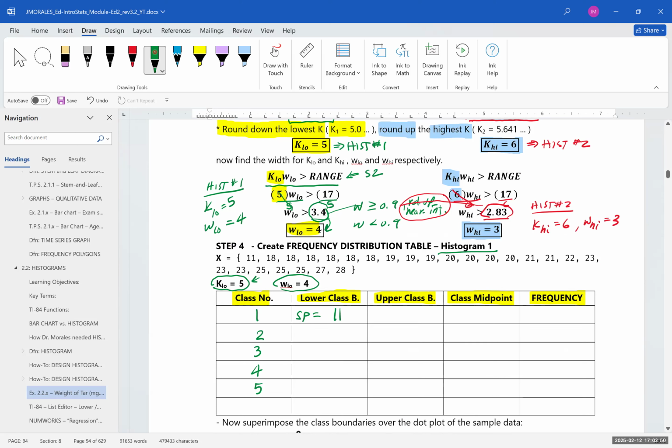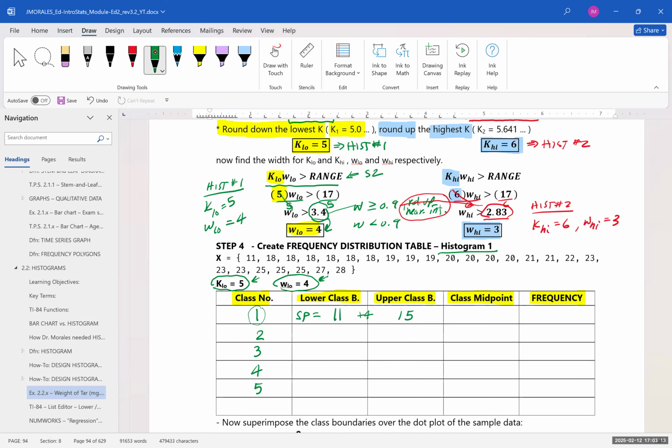Now from the lower class boundary to the upper class boundary of our first class, that's going to be the lower class boundary plus our width. Our width was 4, so we're going to add 4, and 11 plus 4 is 15.